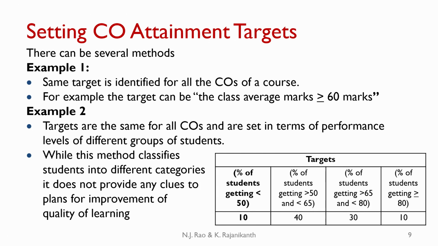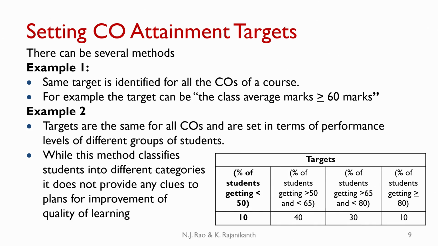Based on the set targets and attained levels, the instructor has to decide whether to increase the target level for the next time, or if the set target has not been achieved by the students, analyze why, and then plan improvement in the instruction so that the students' attainments will be at a higher level closer to the targets.